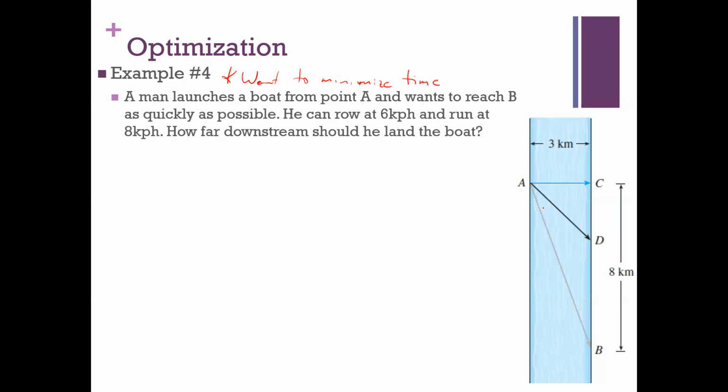What's the way he's actually going to go? So he's going to go A to D first, right? So basically what we're trying to do is this. I want to find out where that D is that makes this time the least. He's going to row from A to D, and he's going to run from D to B. So I think that's what we want to think about.